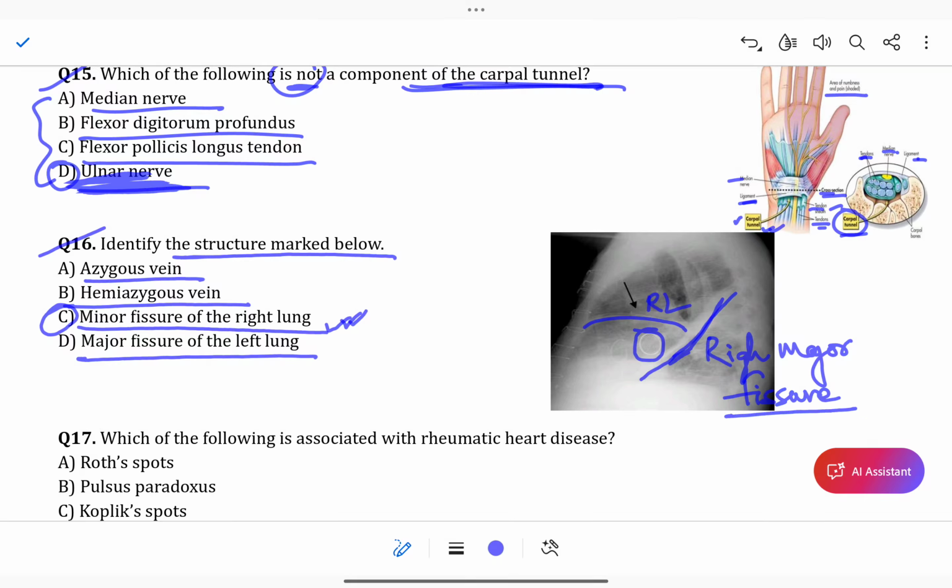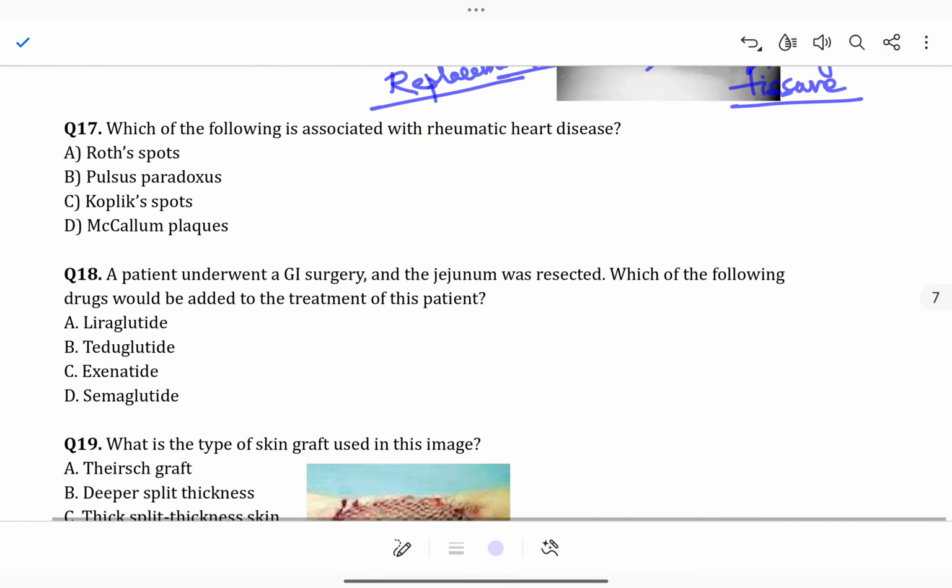And this round one is the mitral valve. Mitral valve replacement. Okay, come to the next question.